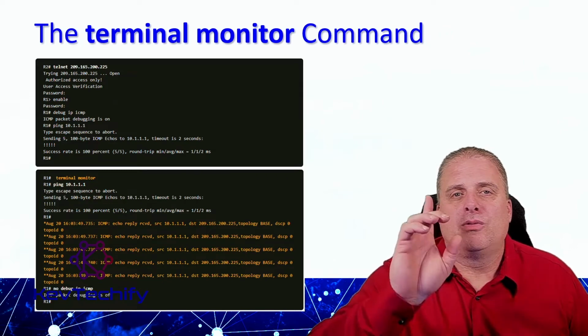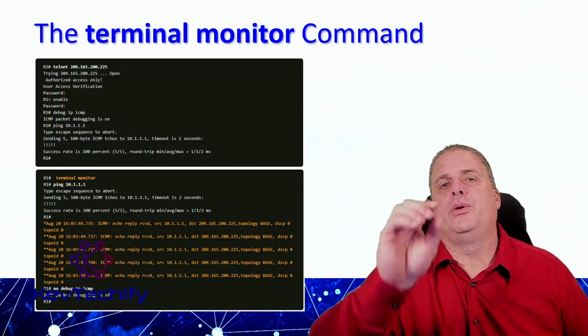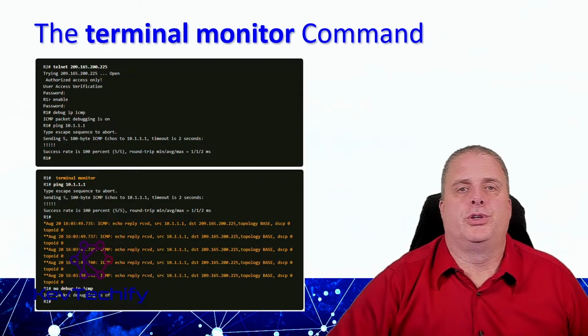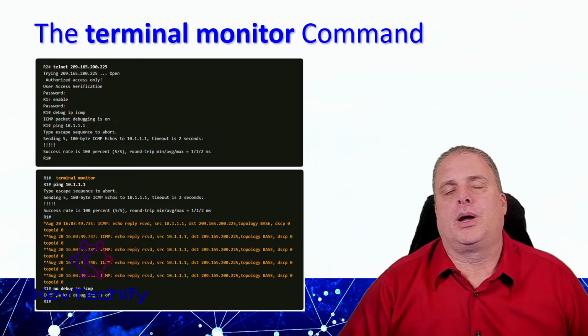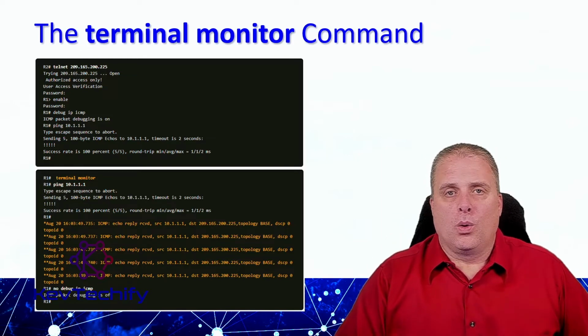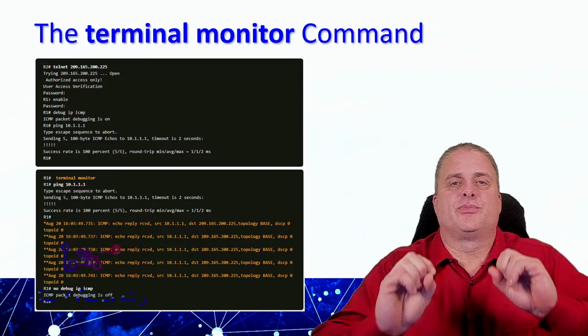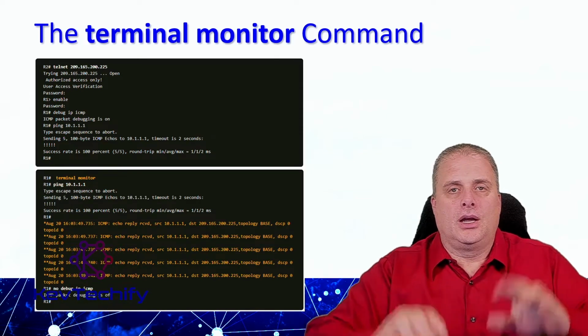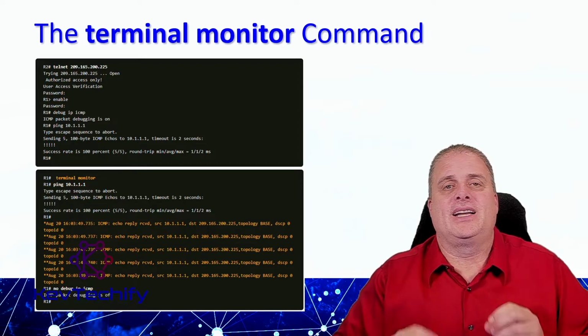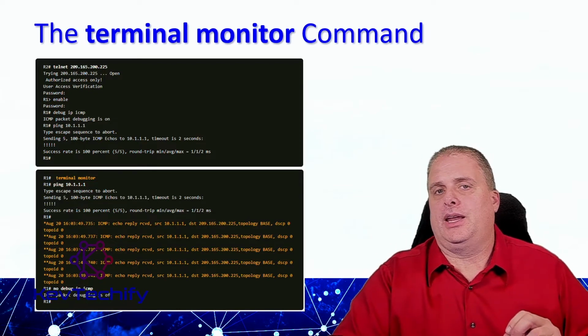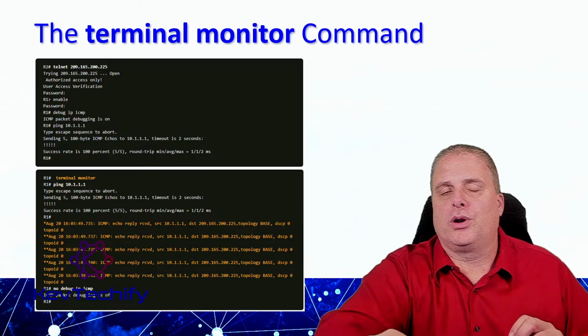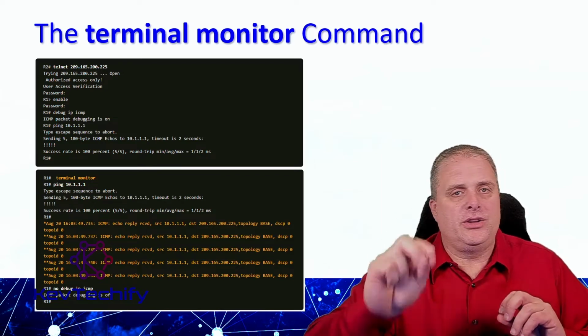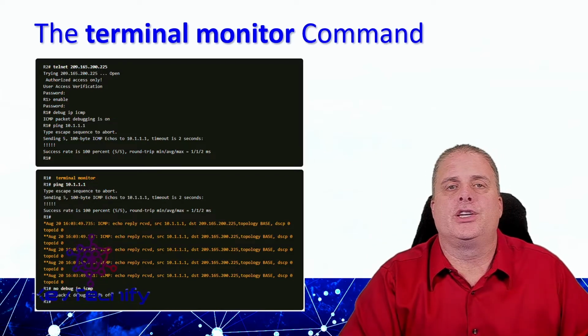And finally, I have one more command that will help you as a network administrator troubleshoot problems. It's the terminal monitor command. What this command does is it displays system messages on remote connections. What I'm talking about is when you console in, when you use that console cable to connect into the console port on your device, you use PuTTY, you use Tera Term, you use your terminal emulation program.